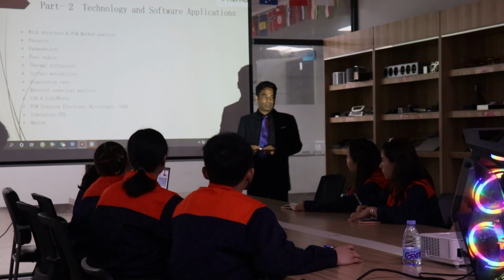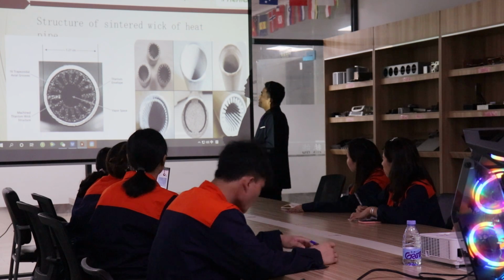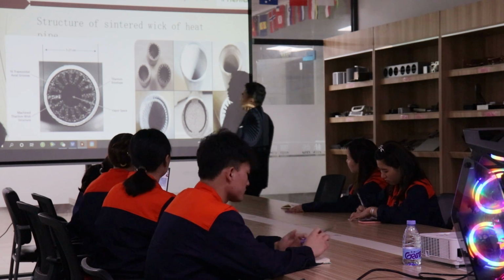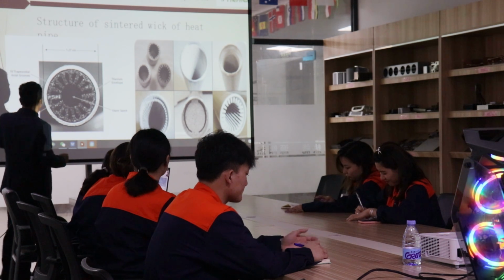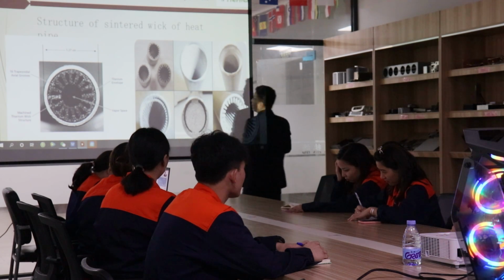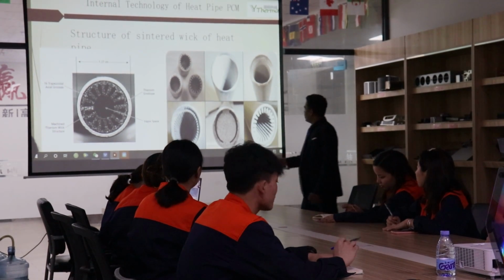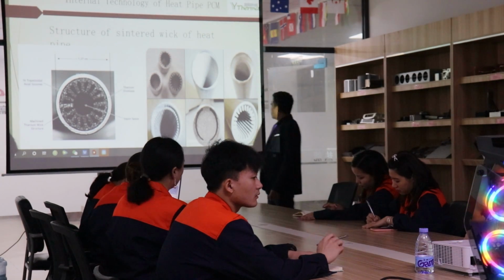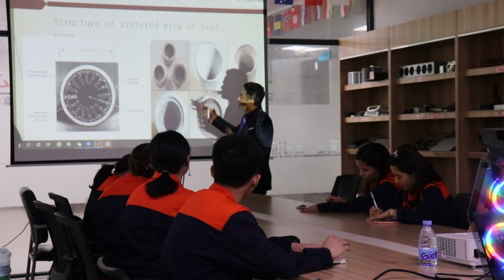And next, the internal technology of the heat pipe, PCM, the structure and center of heat. They have a lot of issues. I have to explain very basically and briefly that there are three kinds of wick structure: the groove wick, the sintered wick, and the mesh wick. So here I am showing different kinds of wick structure.